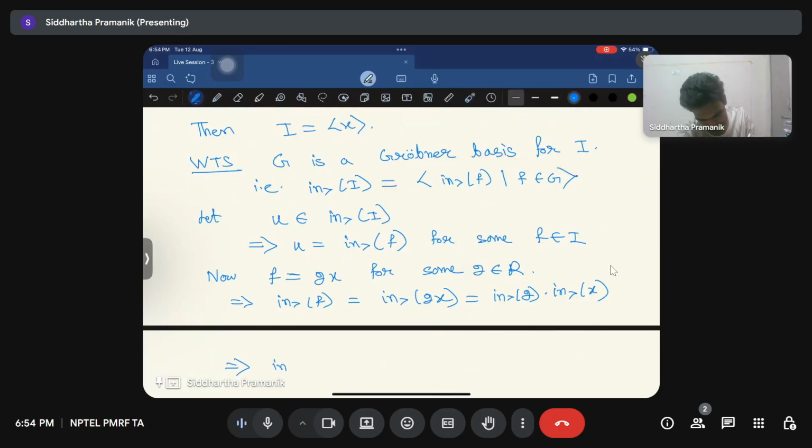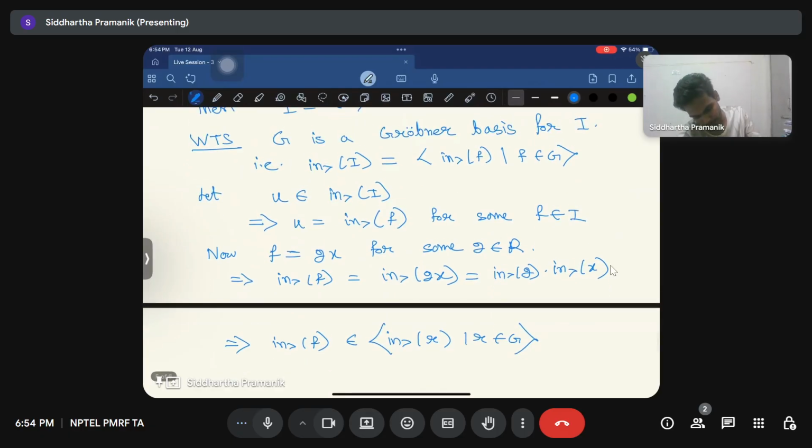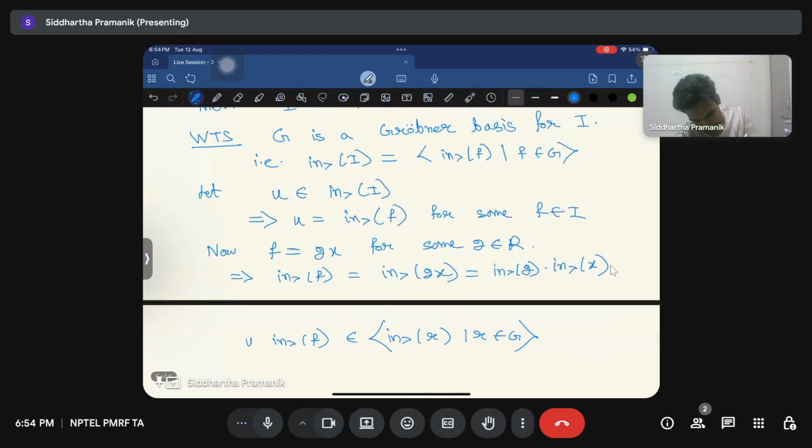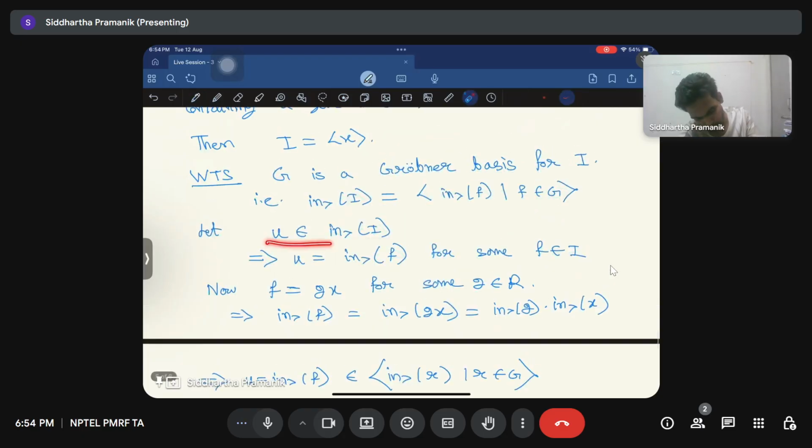This implies the initial term of f belongs to the ideal generated by the initial terms of r, where r belongs to G, and the initial term of f is actually our u. So u belongs to this set. We have taken u from the initial ideal of I and u belongs to this set, so the initial ideal is a subset of this.